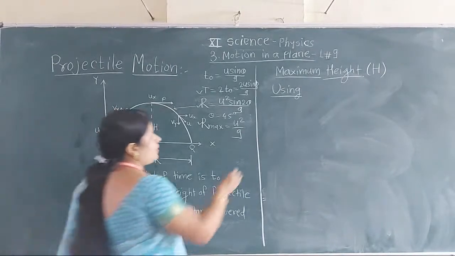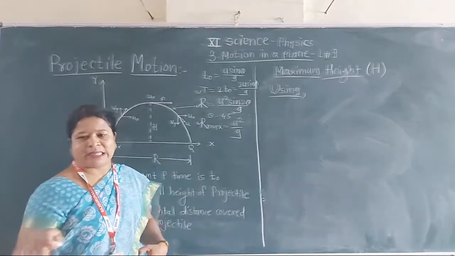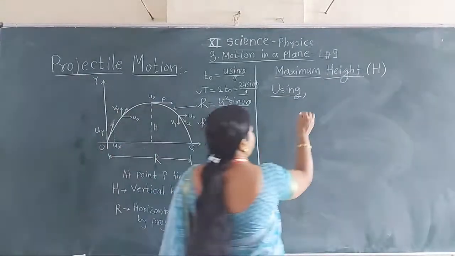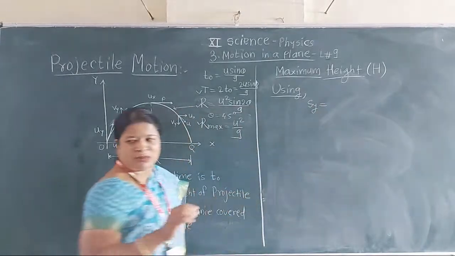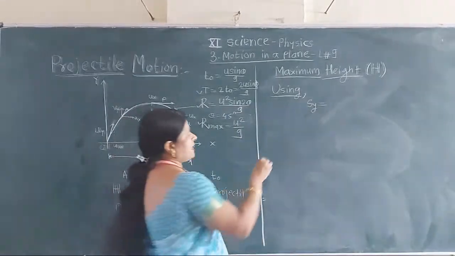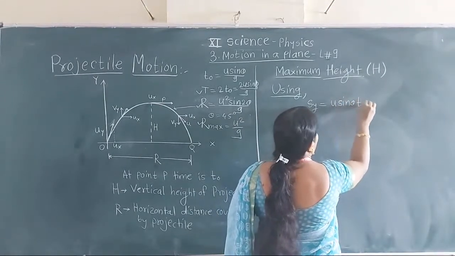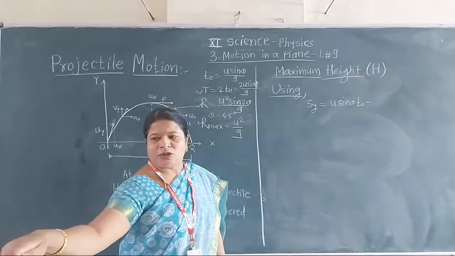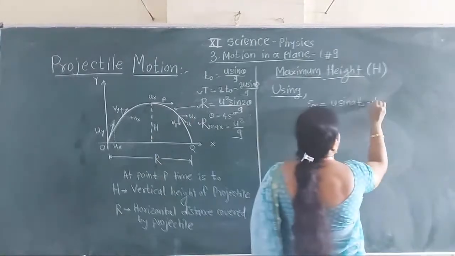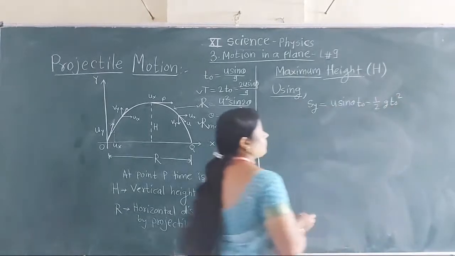So along the y-axis, sy is equal to u sin theta t0 minus 1/2 g t0 square.